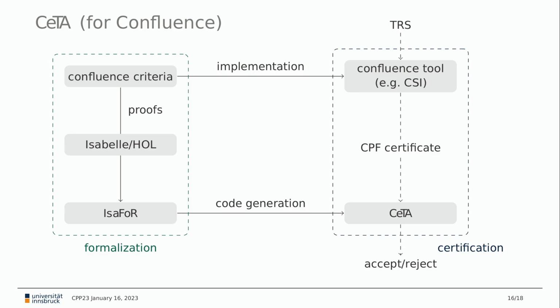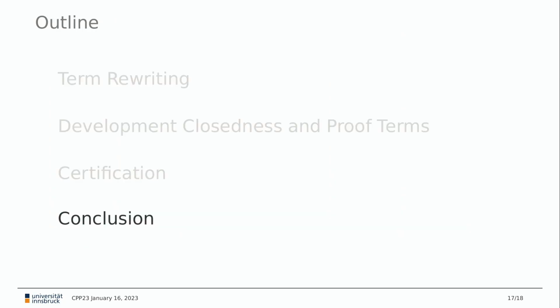Certificates are something that normal confluence tools should produce. So you would put a TRS into your confluence tool, for example the tool CSI, and then CSI should produce a yes or no answer together with a certificate of why it thinks yes or no. And then CeTA could verify that certificate. And we basically made CeTA more powerful by adding this development closeness criterion.